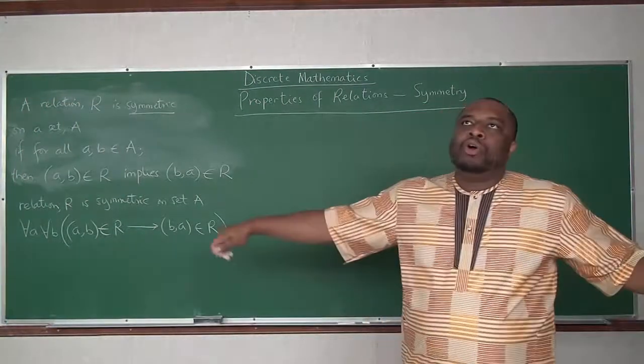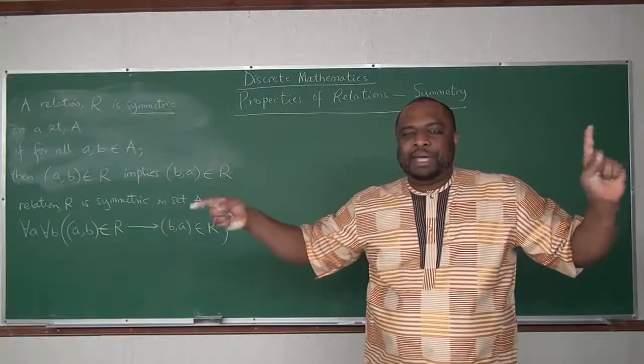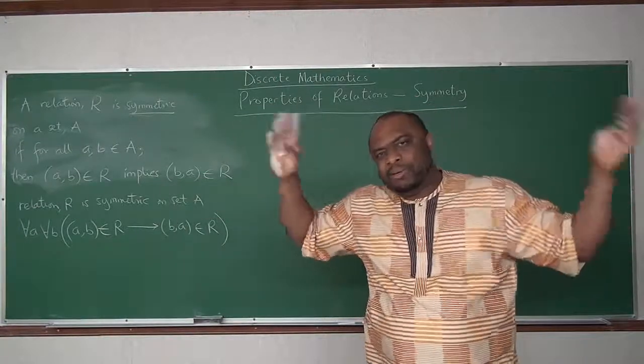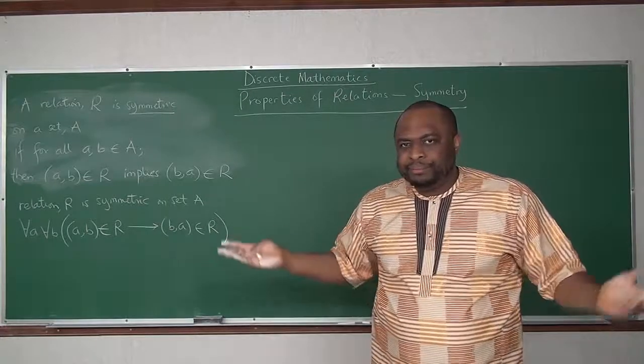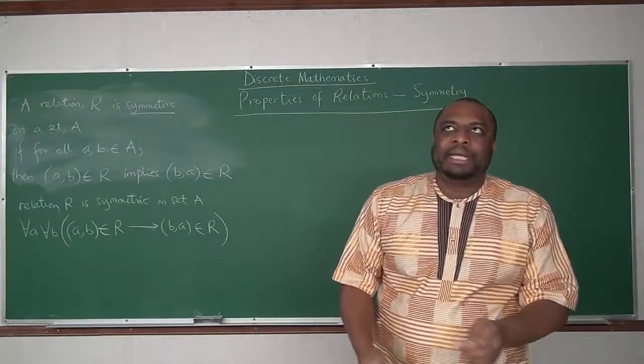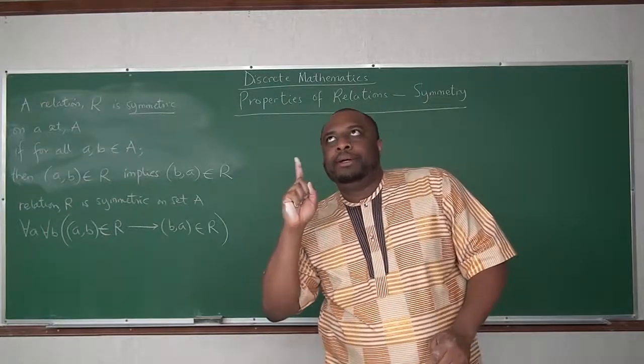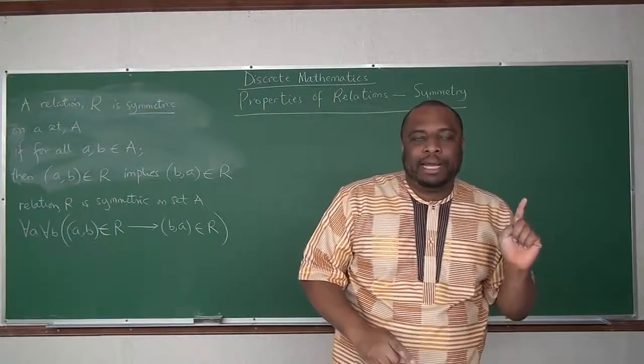Whenever we have (a, b), we should have (b, a). It tells you maybe identical halves, if you want to call it that way. If you have one eye on the right, you should have another eye on the left.